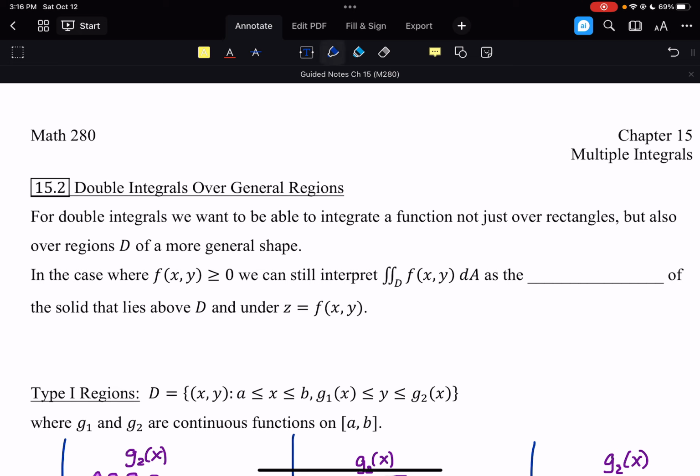The way that we write this using a double integral, we set up the double integral of f of xy dy dx, where y is going from g1 of x to g2 of x, and x is going from a to b.